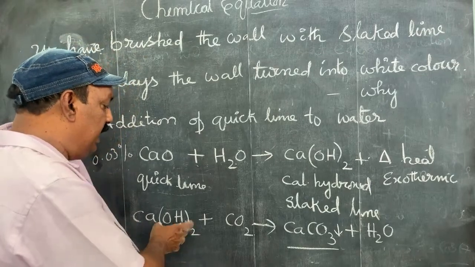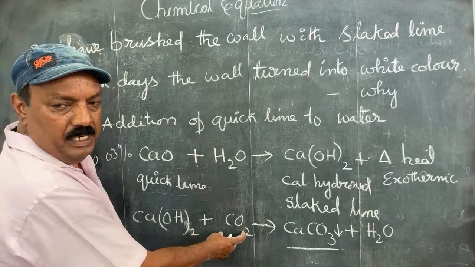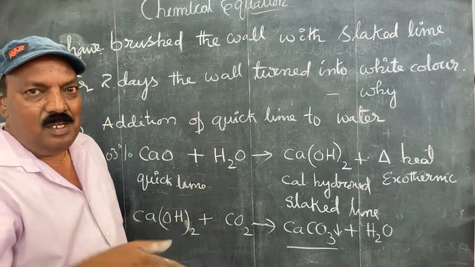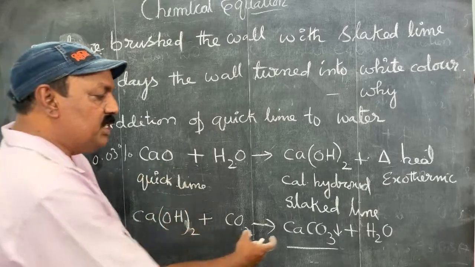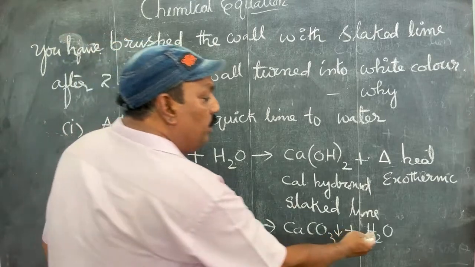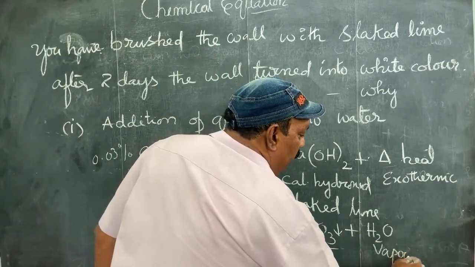Whenever this slaked lime is converted into calcium carbonate after absorbing the carbon dioxide, it will start shining. Then you are going to be happy, because it starts shining. And whatever water is there is going to be evaporated in the form of vapor.